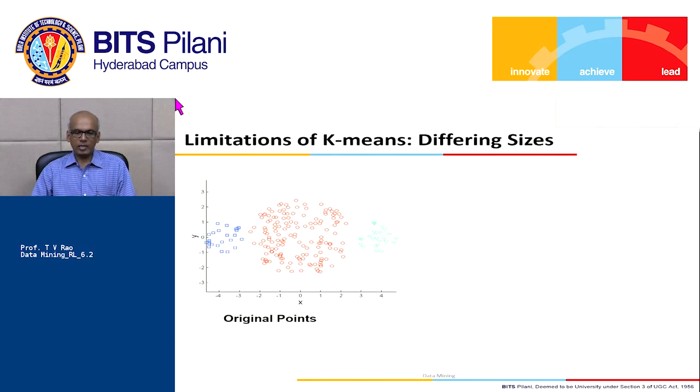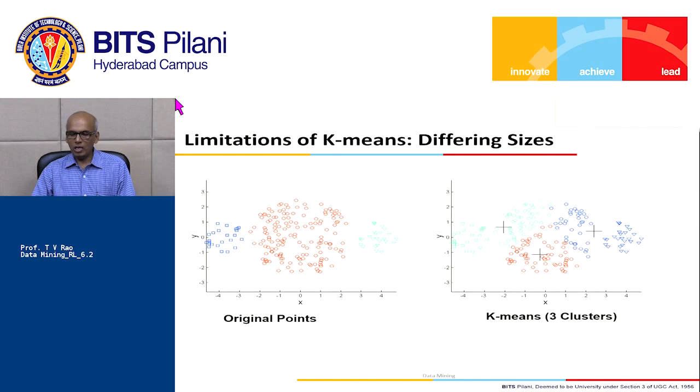So if we are looking at the original points where we are seeing 3 natural clusters, K-means may offer us clusters of this kind which are not representing the natural clusters, for the simple reason of the way we have chosen the points and done the calculations.